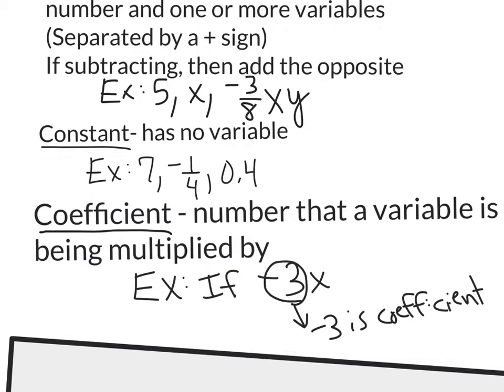It's just the number the variable is being multiplied by. For coefficient, we're not normally going to have to do anything with that. It's just kind of a vocab deal where, if they said, what is the coefficient of this term, you'd have to understand what that means.